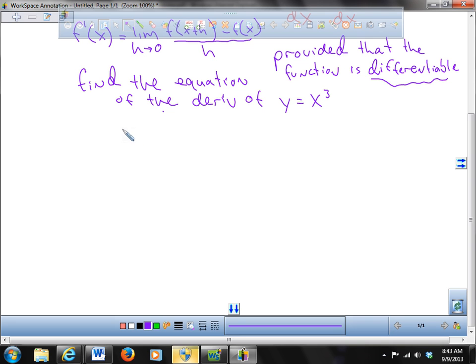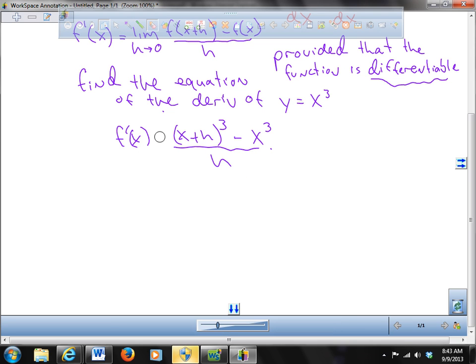So f prime of x is equal to x plus h cubed, right? That's f of x plus h, minus f of x, which is just x cubed, over h. Whoops, I forgot something. I want to take the limit of that as h goes to 0.